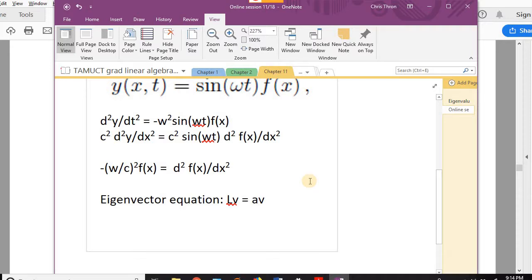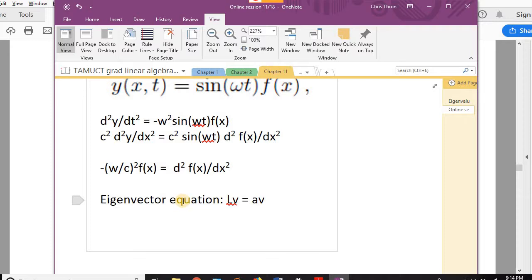So can we say d squared dx squared of f equals lambda squared? No. What's your L and what's your A? Well, the problem already says that your v is your f of x. So it's minus omega over c squared v, if you will.